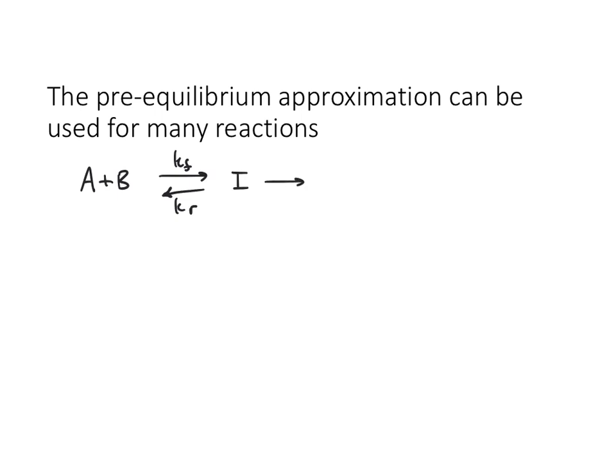But I can also move forward and form products. This is a very common reaction mechanism, especially in biochemistry, especially with regards to second order reactions involving enzymes and such.